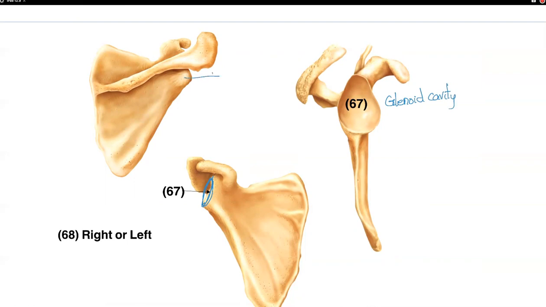Remember, the glenoid cavity should be directed to the outside, the spine should be directed posteriorly, and the acromion is directed superiorly. So this is up, this is away from the midline, this is going posteriorly. Putting those three directions into perspective, we figure out that this is a right scapula.